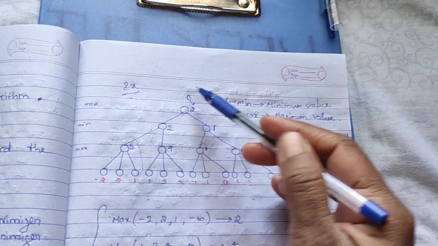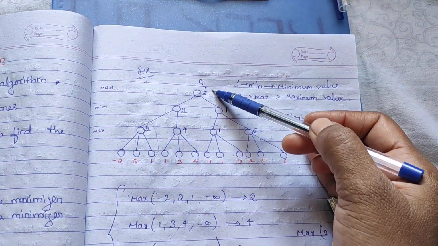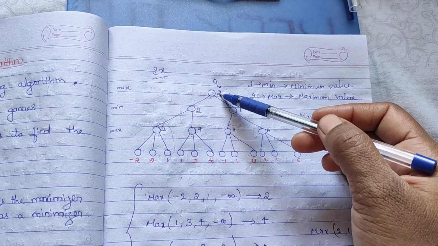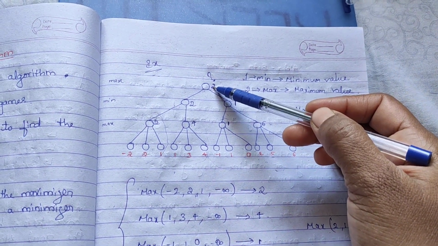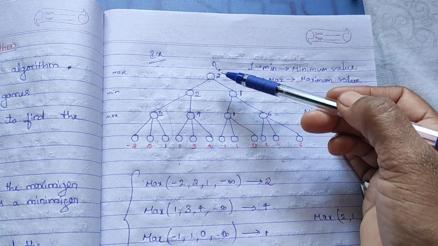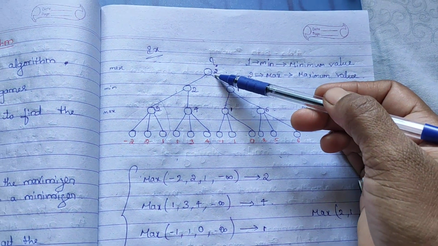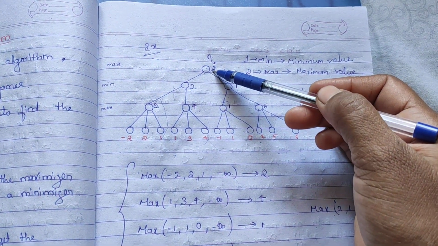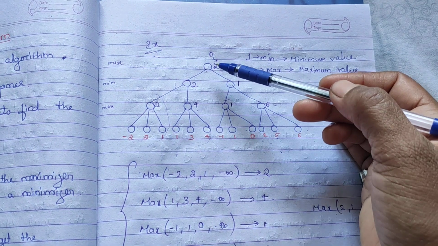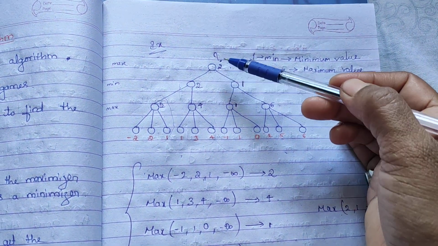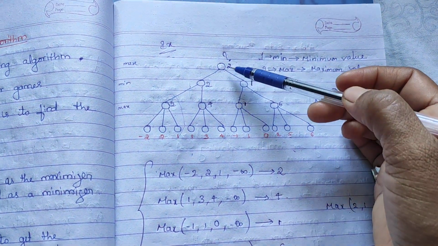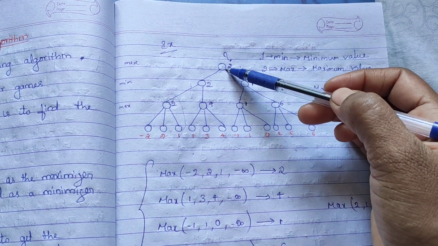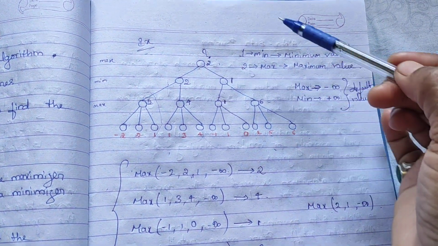So we have got the value of the root node. In this algorithm we have to trace the value of the root node. This is the goal of this algorithm. Understood the concept? We have traced it. 2 is the root node value.